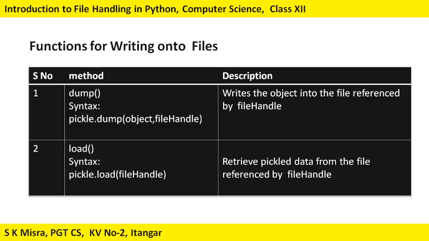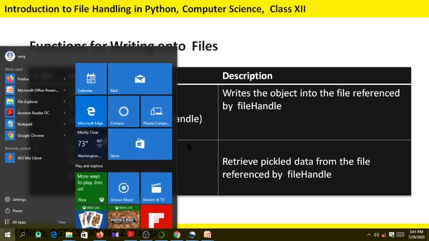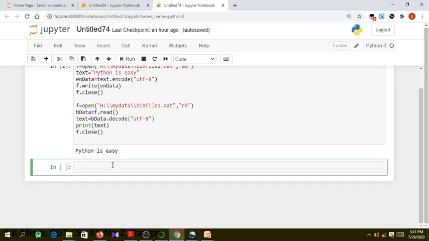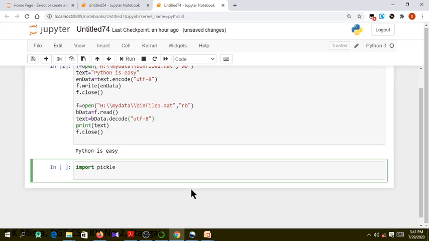So let us go to our Jupyter notebook and try to execute one program using this, because we are going to use this pickle module. First we need to import it, import pickle. Let us open a file.